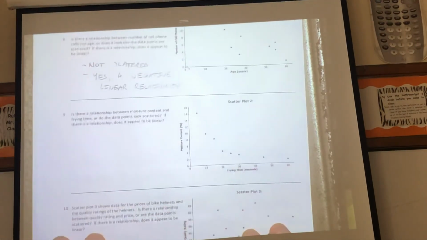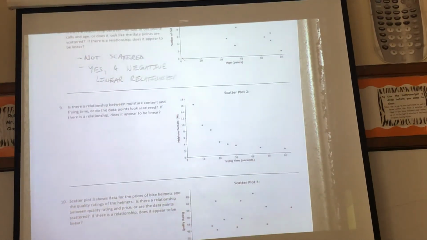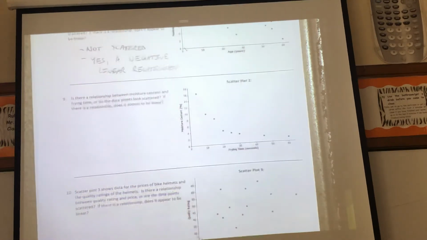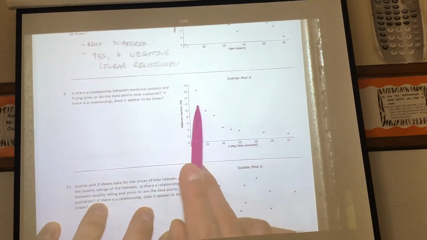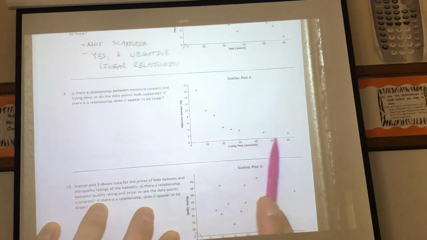Question 9. Is there a relationship between moisture content and frying time, or do the data points look scattered? If there is a relationship, does it appear to be linear? Well, looking at this, it kind of decreases in like an arc form.